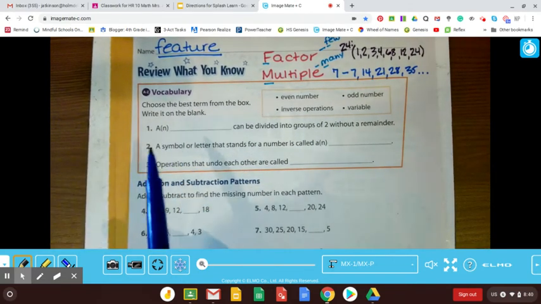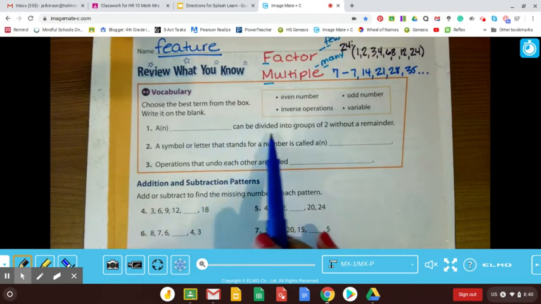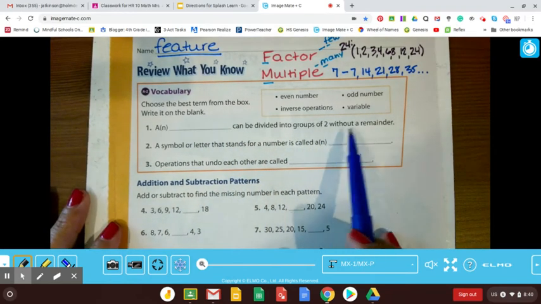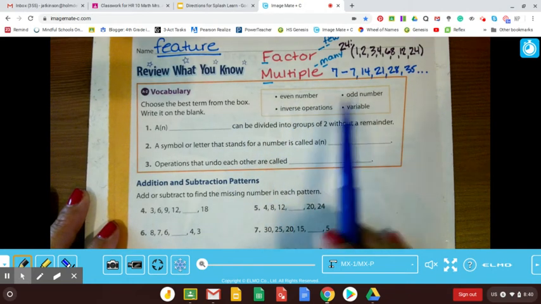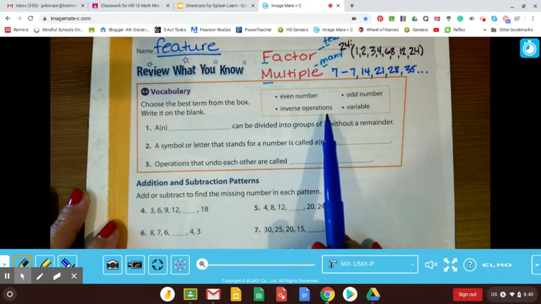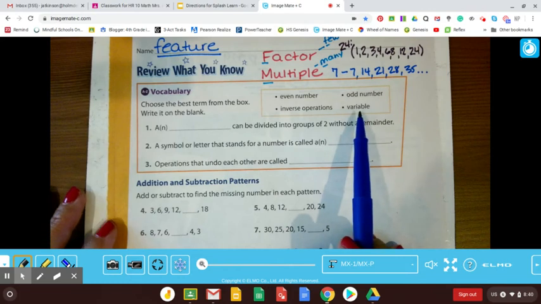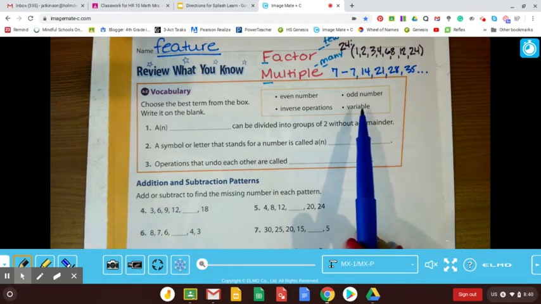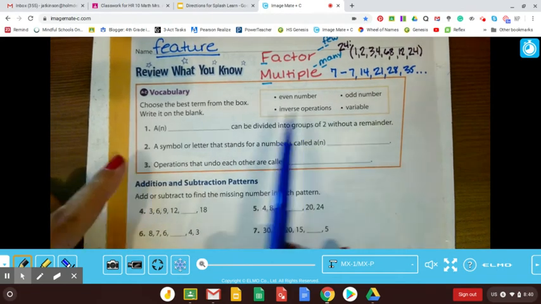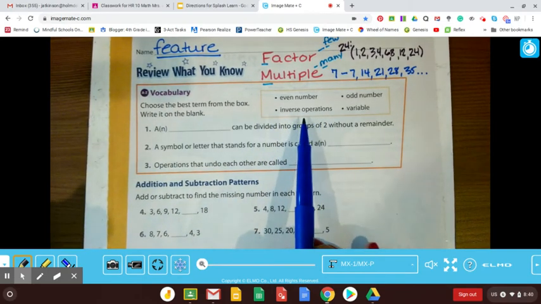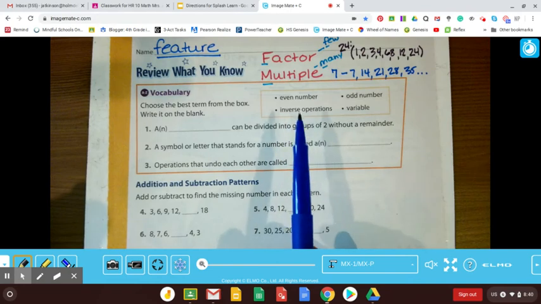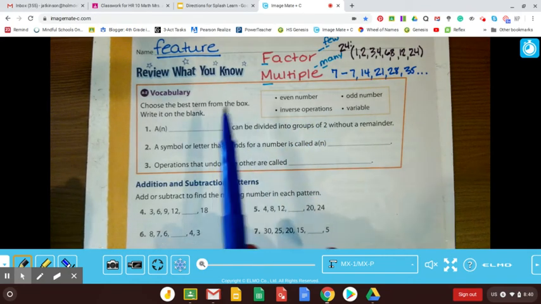All right, let's get started with some vocabulary. A blank can be divided into 2 groups of 2 without a remainder. So is that an even number, an odd number, inverse operations, or a variable? Remember, a variable is a letter that stands for a number. Inverse operations are opposite operations, like to check addition, you might subtract. To check subtraction, you might add.